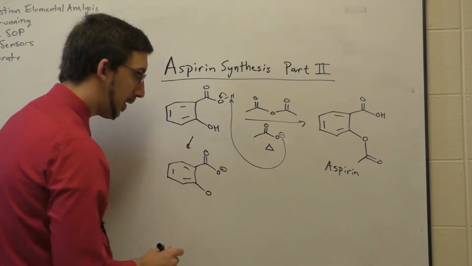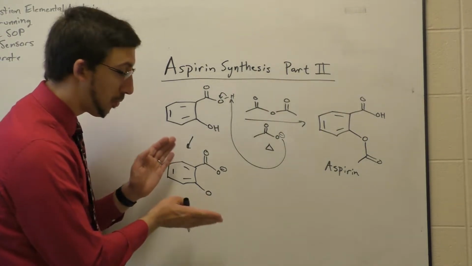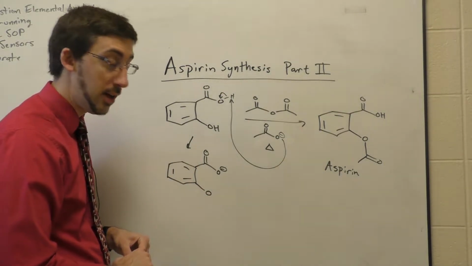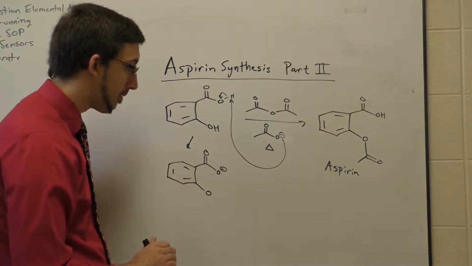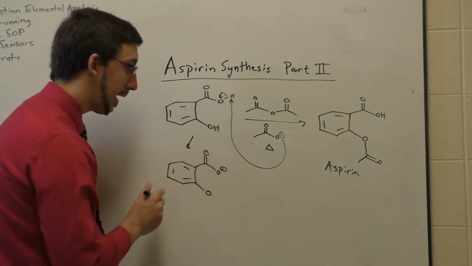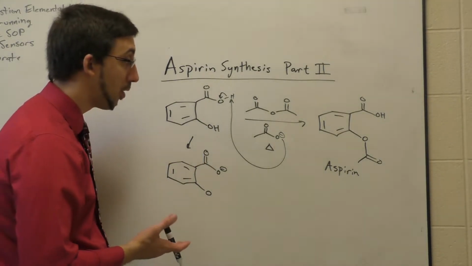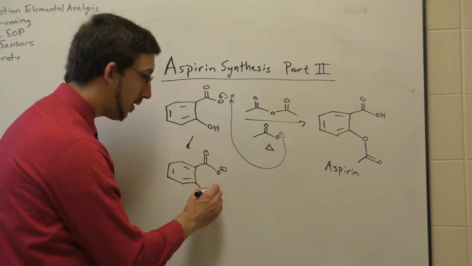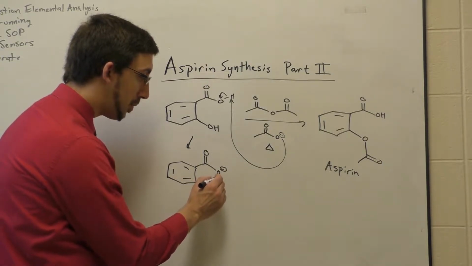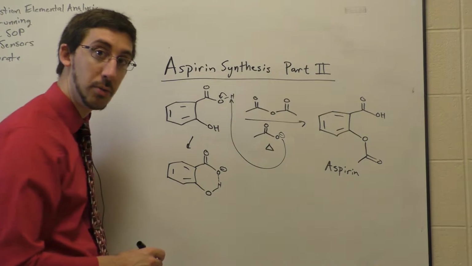Well, it turns out that when these two groups are in the ortho position, when I have the carboxylic acid deprotonated, and actually even when I don't, I can get hydrogen bonding here because of how close these two groups are.